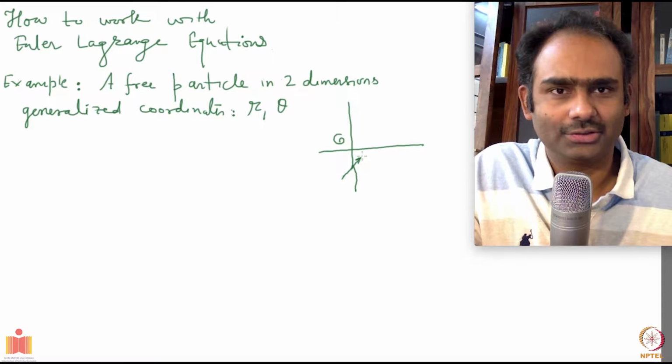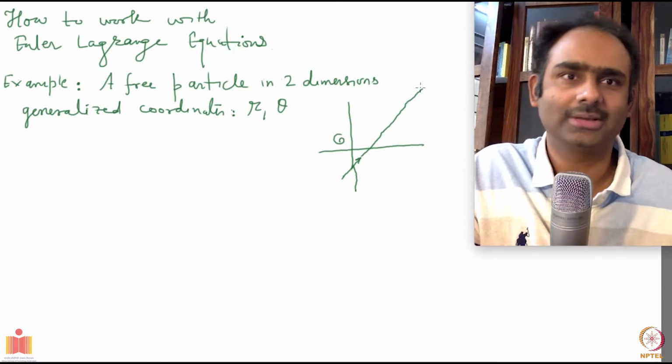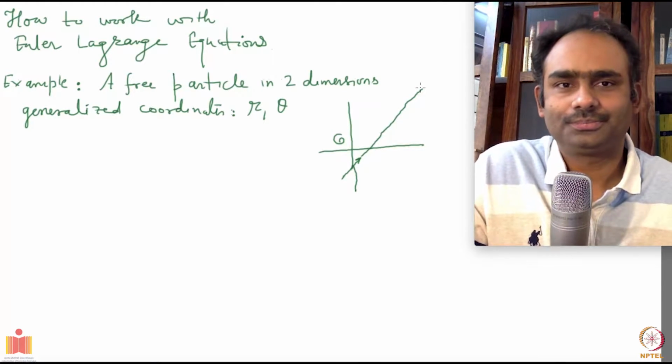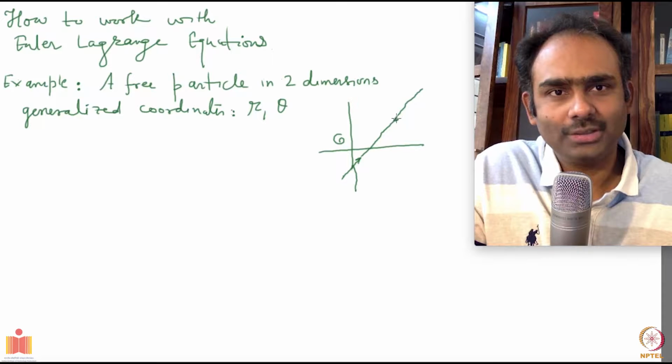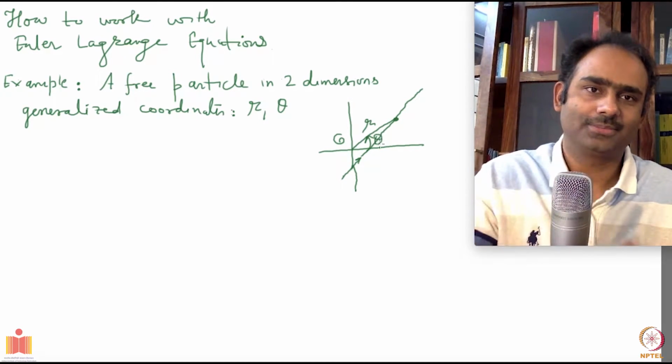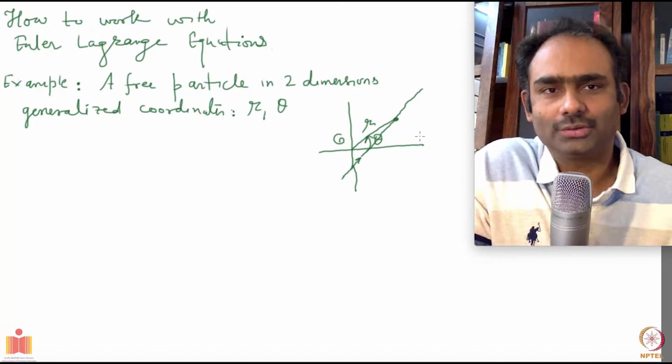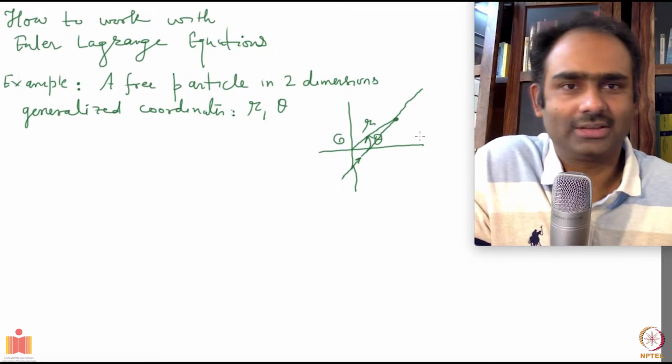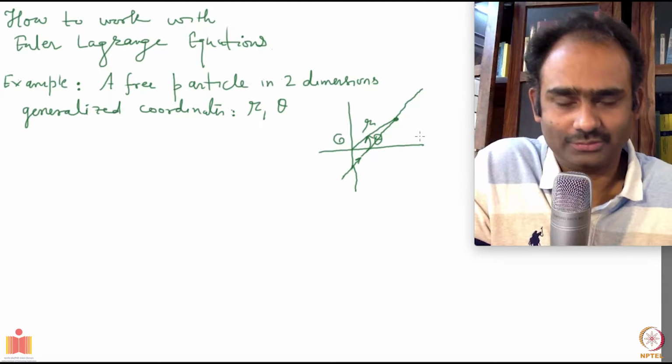You know it will continue along the same straight line because there are no forces. Now if you take any point P on this line, it will have some radial distance r and some polar angle theta, measured from the x-axis. And what we want to know is how the coordinates r and theta are evolving with time.